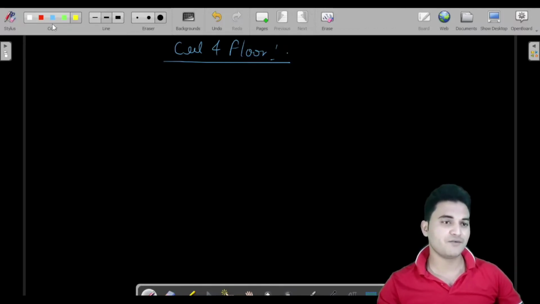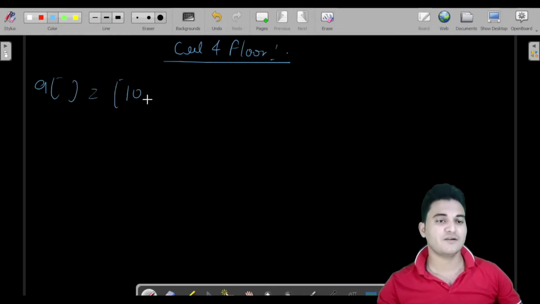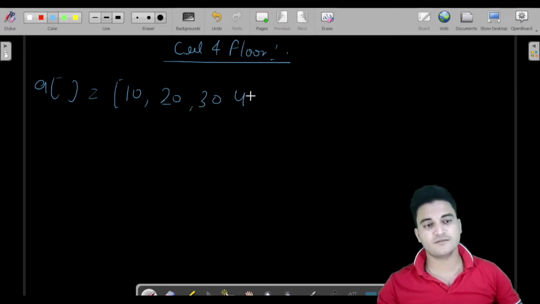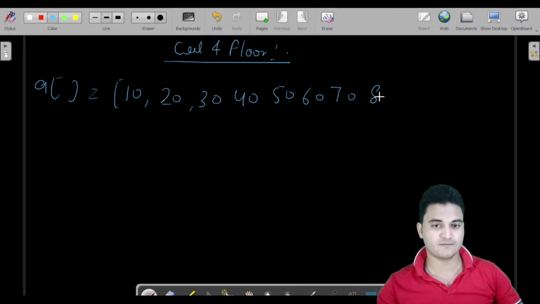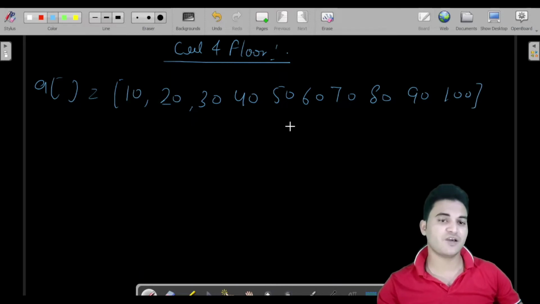So we have been given an array of, suppose, size 10: 10, 20, 30, and so on. This is the array you have been given.